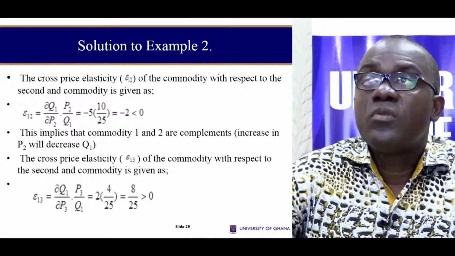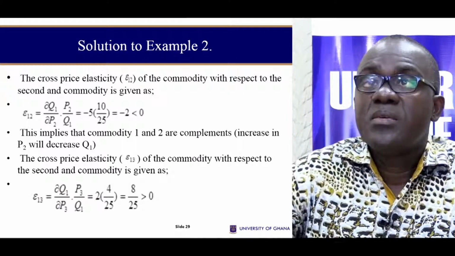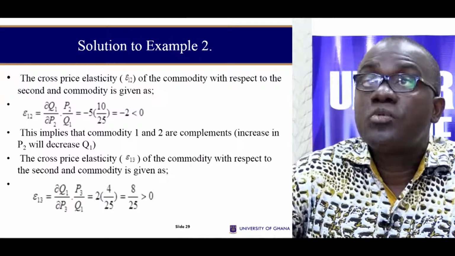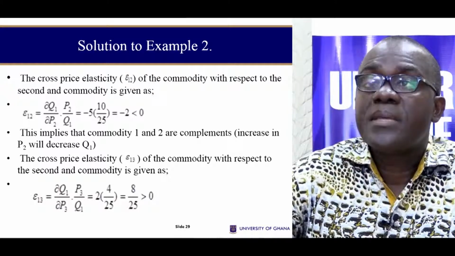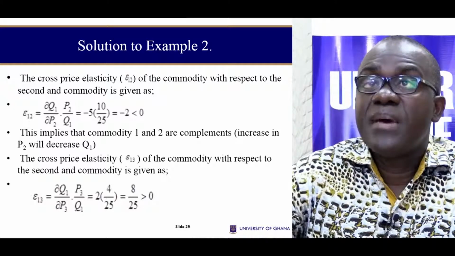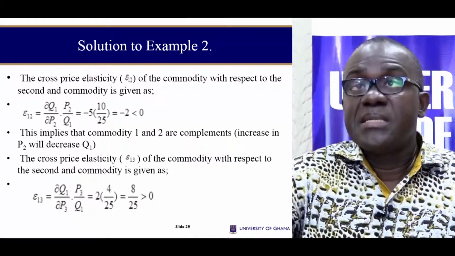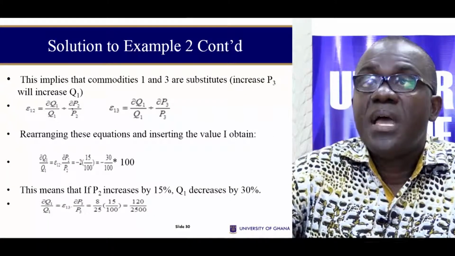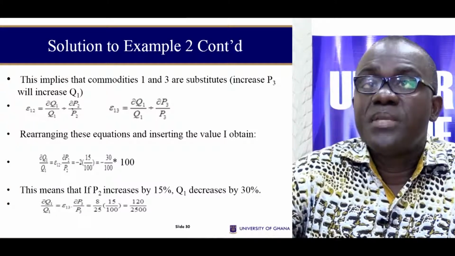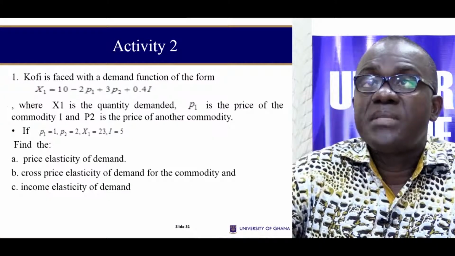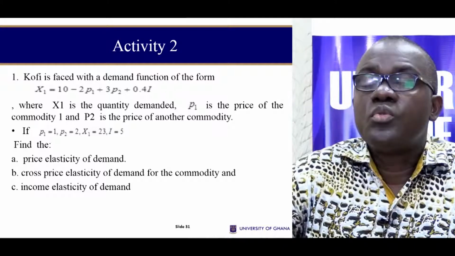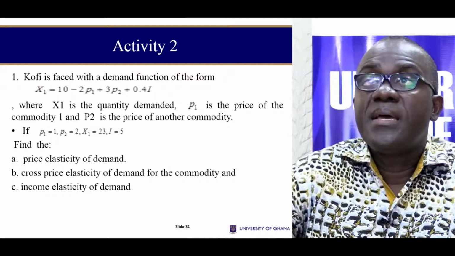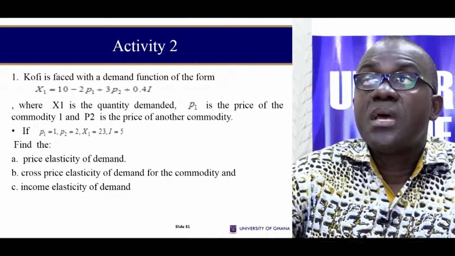So if you look at the first one over here, you can take your time and go through the solutions here. The derivatives are being made, the cross elasticities are being calculated in these situations, the prices are being put in, and then you evaluate it, and you are able to more or less discuss the two goods.